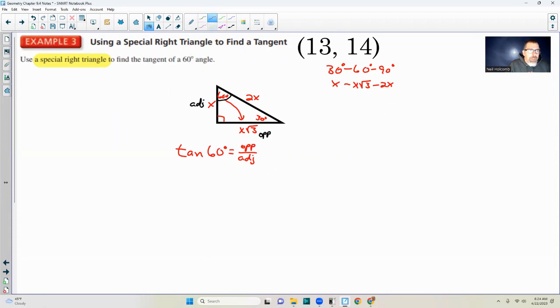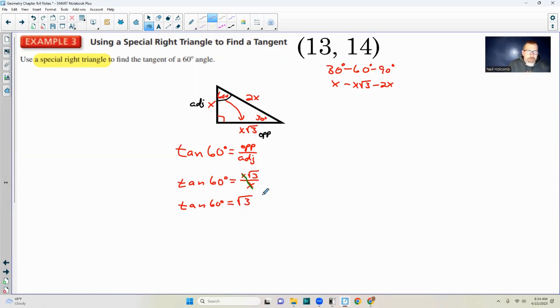So we're going to have the tangent of 60 degrees equals x square root 3 divided by the adjacent x. x divided by x cancels. So the tangent of 60 degrees equals the square root of 3.